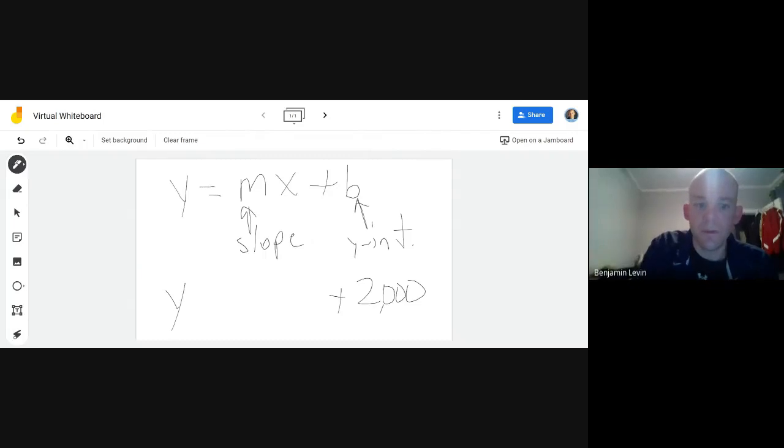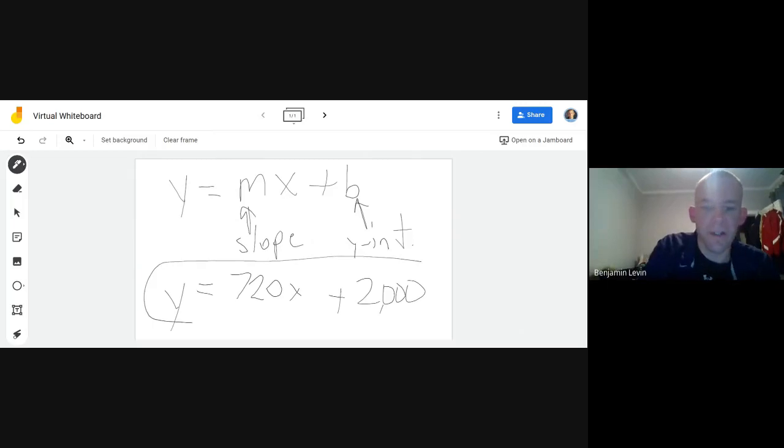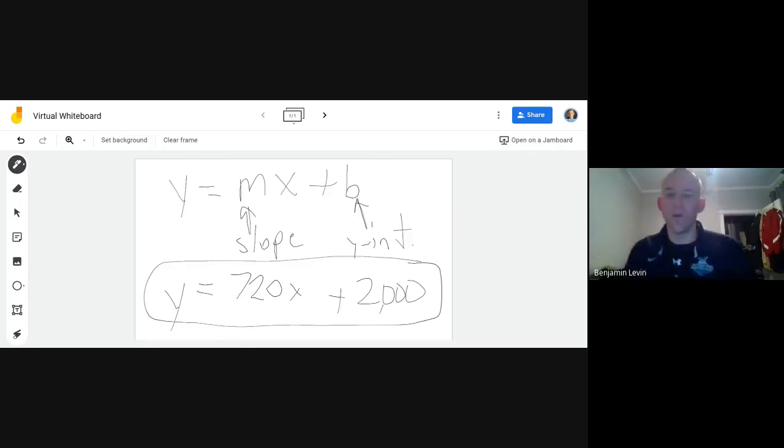So 720 gallons per hour with an x on it, right? We could write this information as an equation just like that, where x would represent the time in hours, right? And y would represent the number of gallons pumped, right?